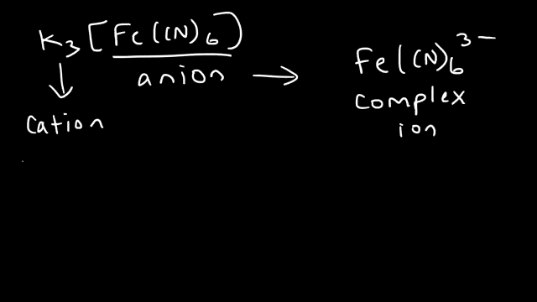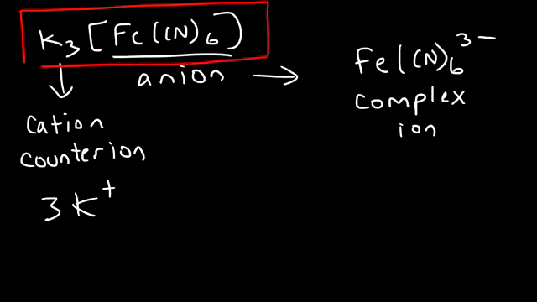And the cation is the counter ion, which is used to neutralize the -3 charge of the complex ion. And so we have 3 of them. And so the coordination compound is always neutral. The net charge has to be 0.